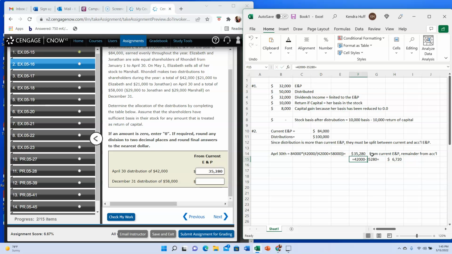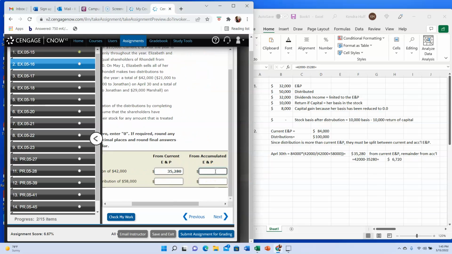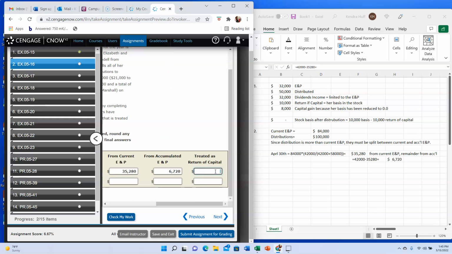That comes out of accumulated. We don't have any return on capital.